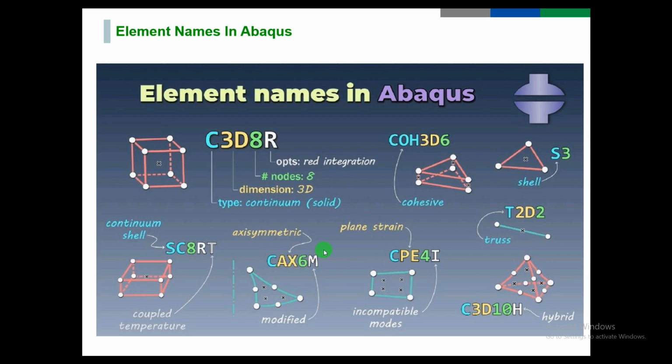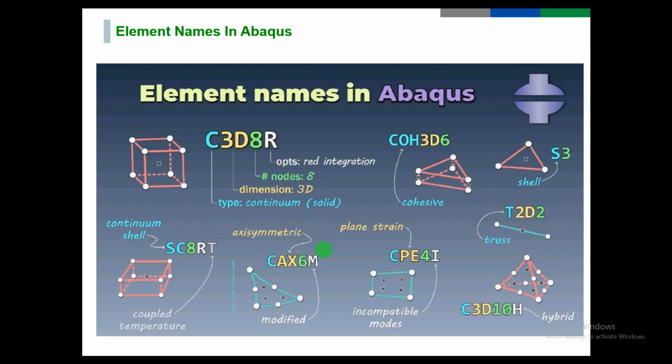Another one is 6, which is related to wedge or quadratic triangle, for example CPS6. Another one is 8, for hex or quadratic quad, like CPE8.